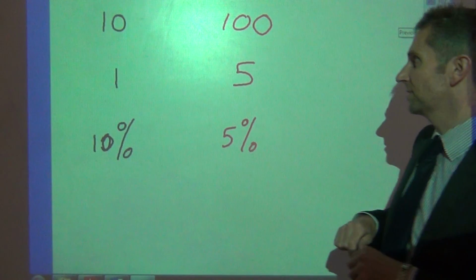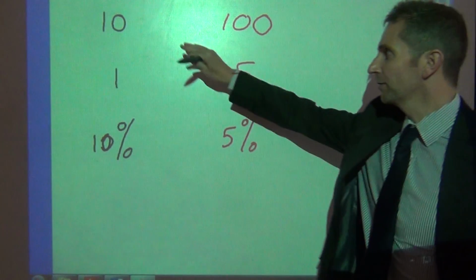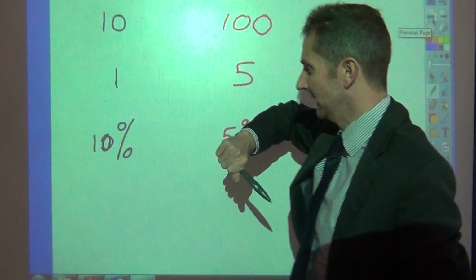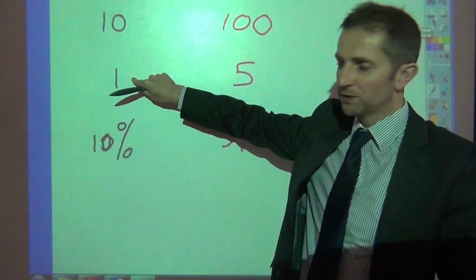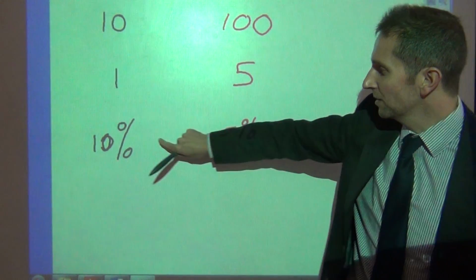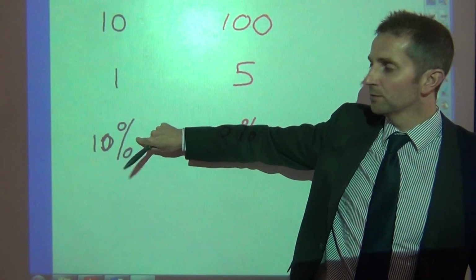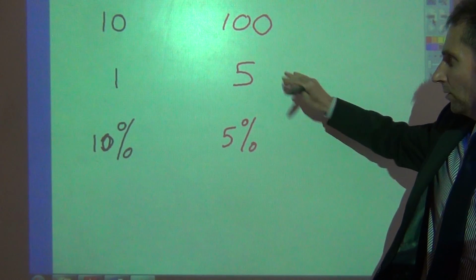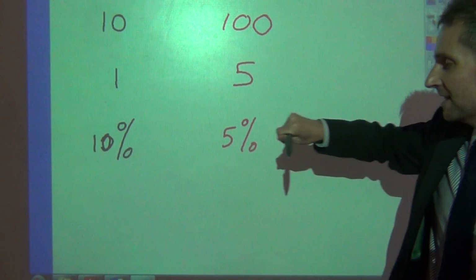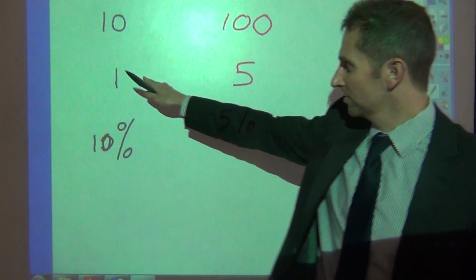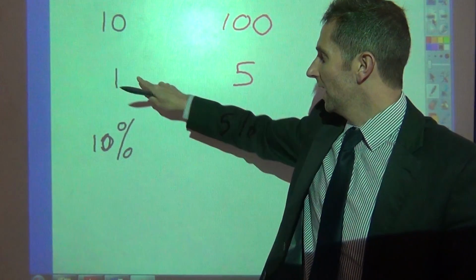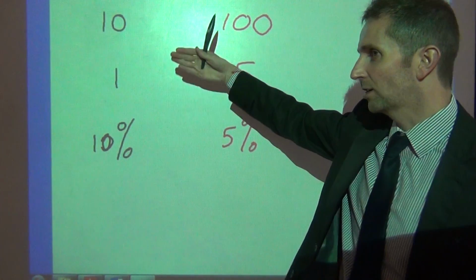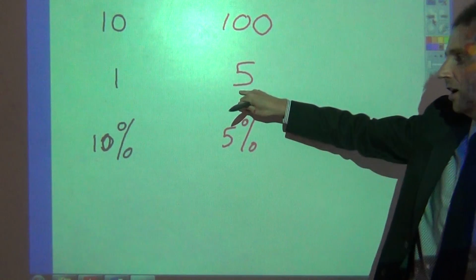So if we take this example, here we've got an economy with 10 people of working age. If one of those people is working, then we can say that there is an employment rate of 10%. Now, Van Reenen says that the number of people in employment has gone up from 1, so I'm going to increase it to 5.